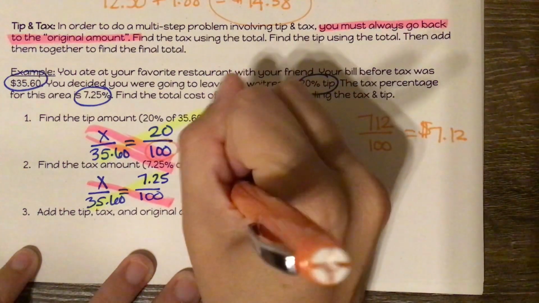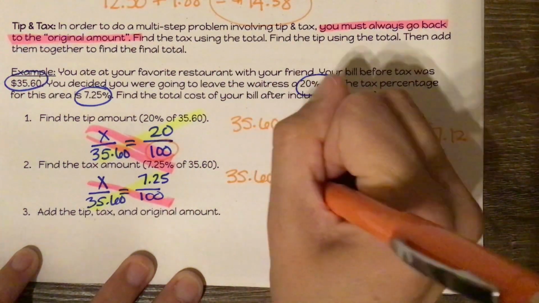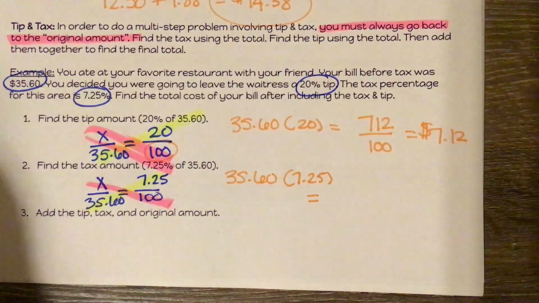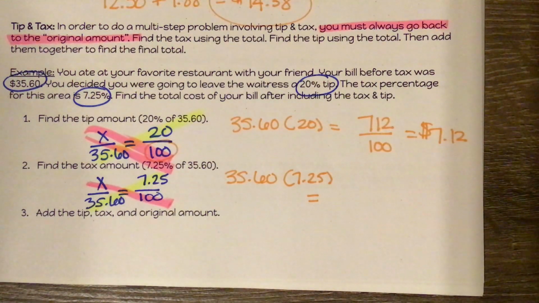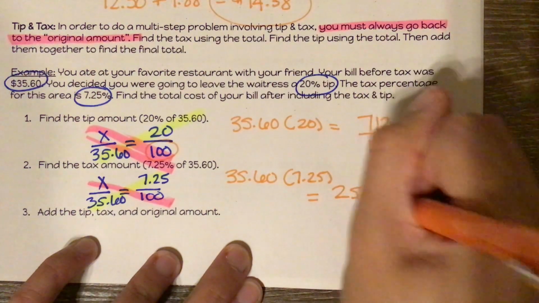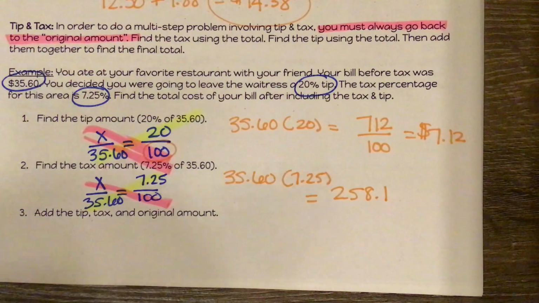So I'm going to multiply 3560 times 725, which equals 258.1.